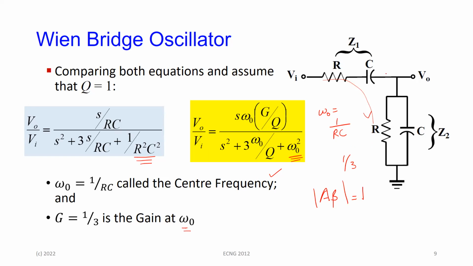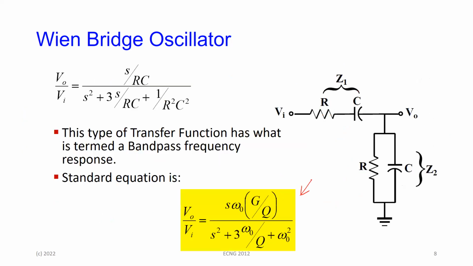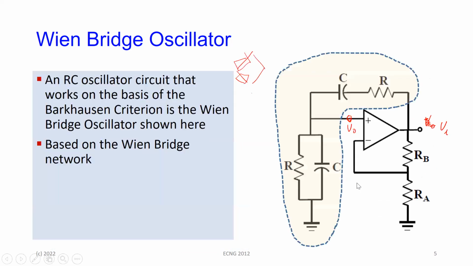If this particular network has a gain of 1/3 when I hook it up to the amplifier like I have here, and the entire oscillator is supposed to have a gain of 1, then this amplifier must have a gain of 3.